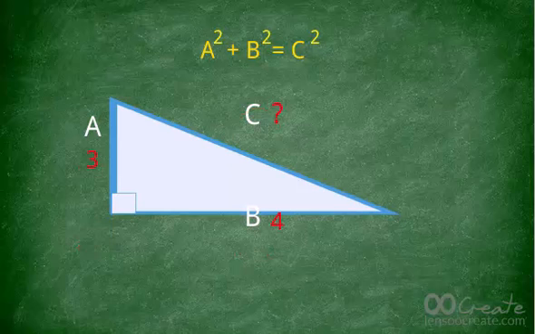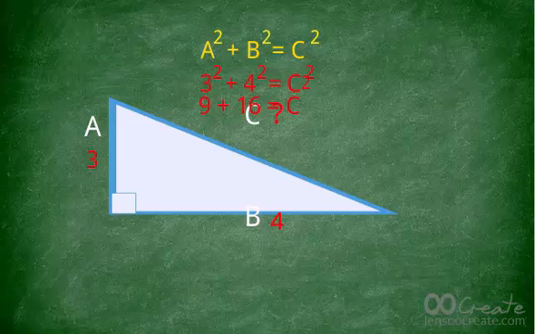So let's say a equals 3, b is 4. How long is c? So we plug in the values. A equals 3, b equals 4, and we don't know what c is. And we get 3 squared plus 4 squared equals c squared. So now we know that 9 plus 16 is c squared.